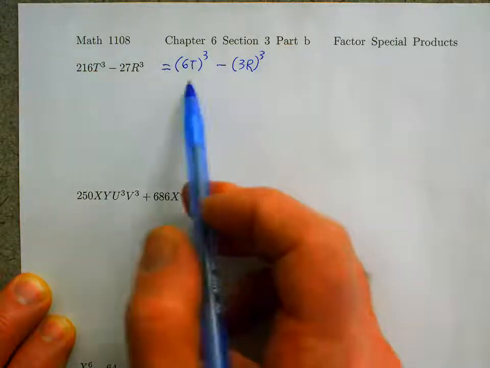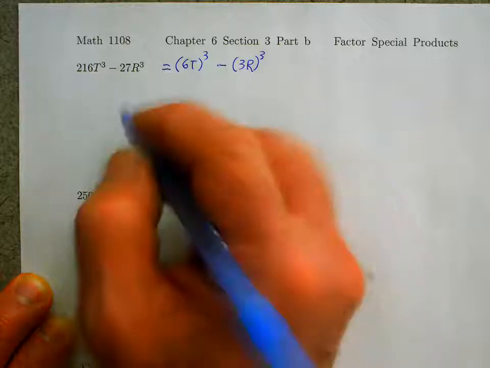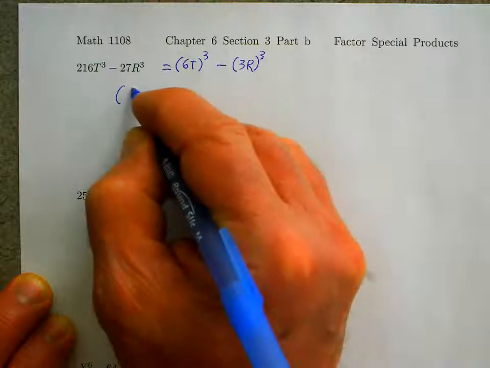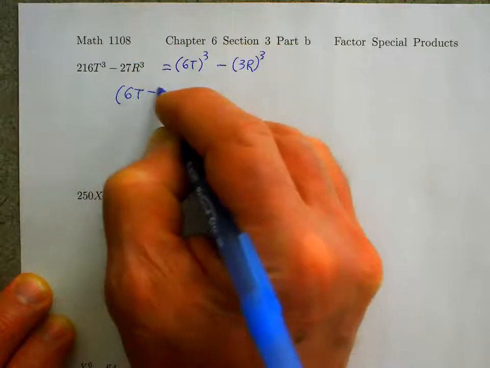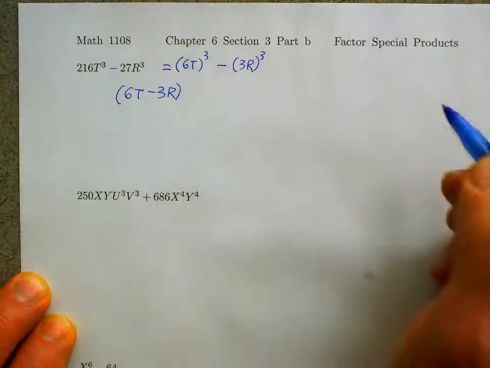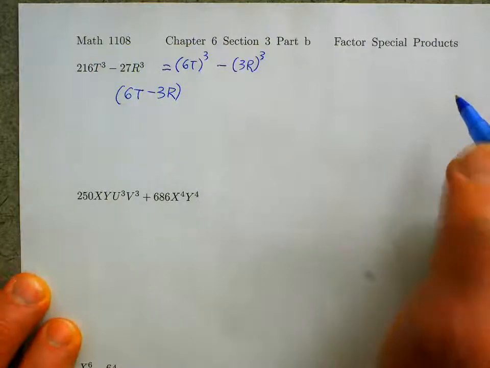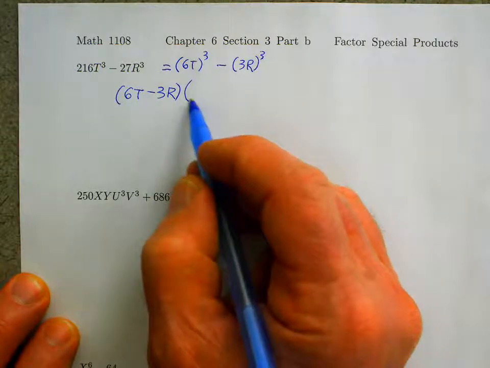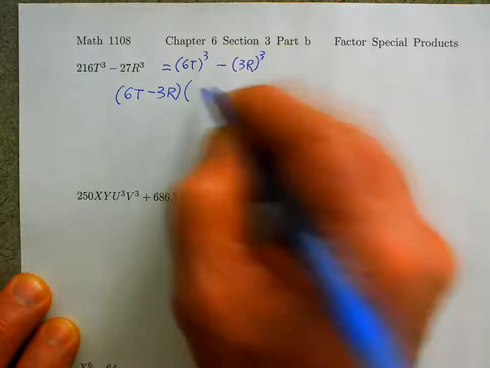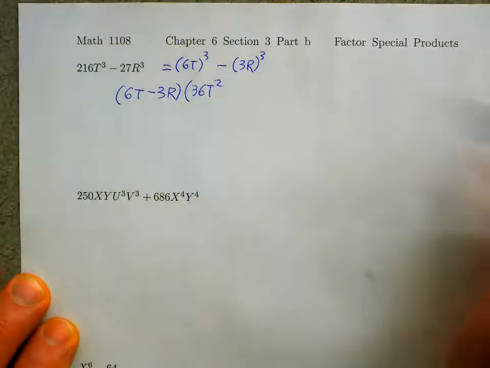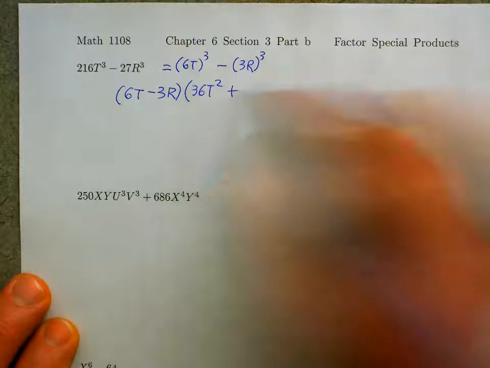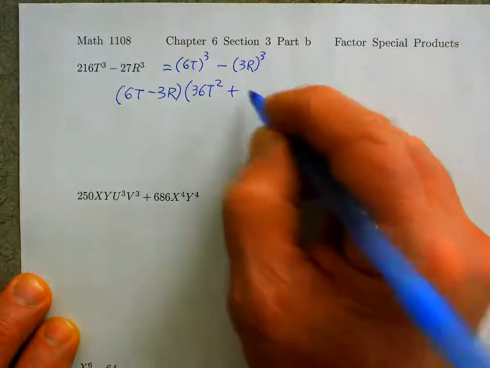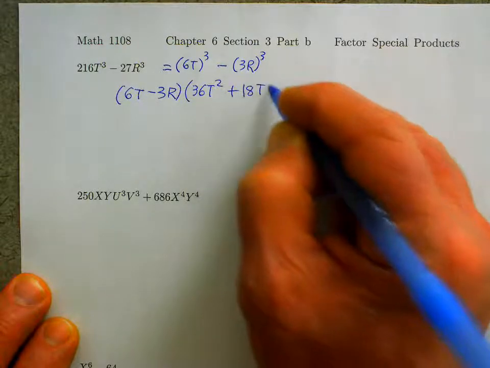And then apply the difference of cubes factoring formula. The binomial is 6t minus 3r. And the trinomial, the first term, the term 6t squared is 36t to the second. And then we're going to add 6t times 3r, which is 18tr.